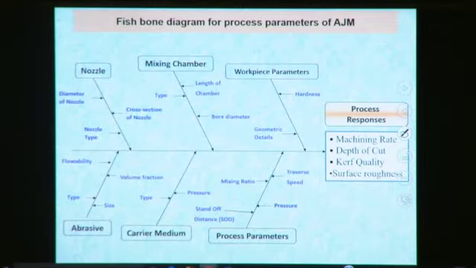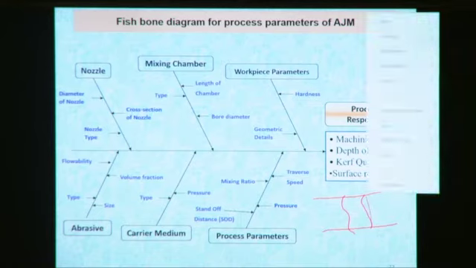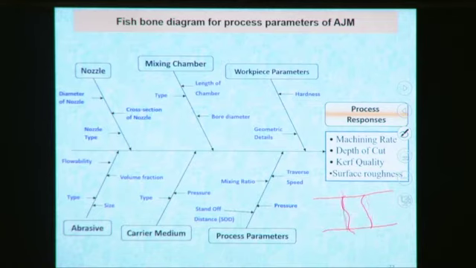Kerf quality. Kerf quality means when you are making a blind hole or through hole. Suppose this is the workpiece, with this kind of hole cross section. After making the through hole, we can take a cross section of this hole. It should be a perfectly straight line, so how accurately are we making this kind of hole? That will give the kerf quality. In this case, if you see, it is not a straight line here.